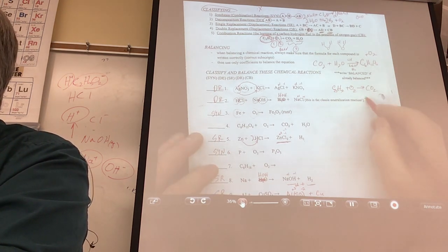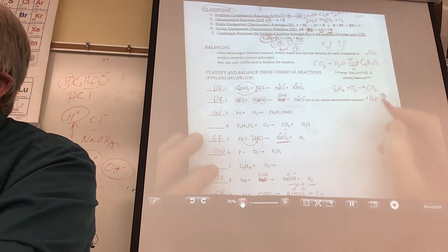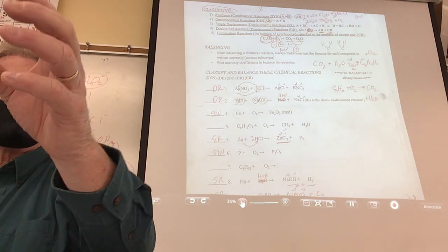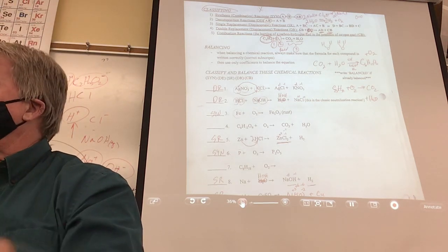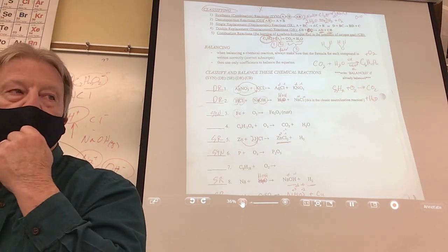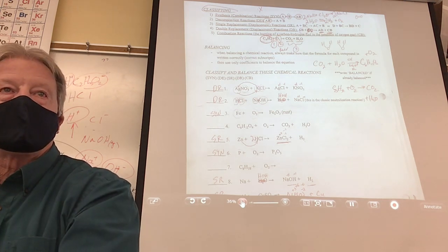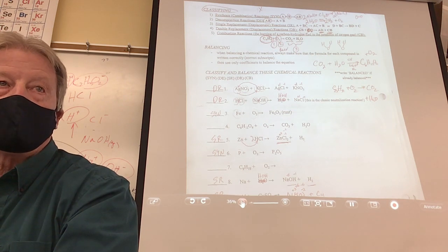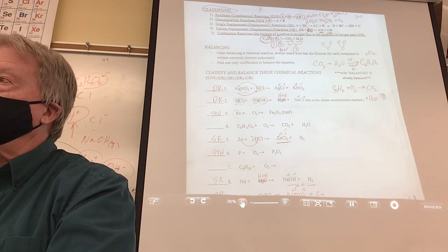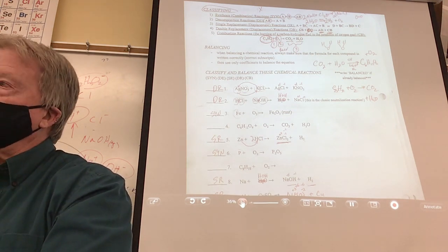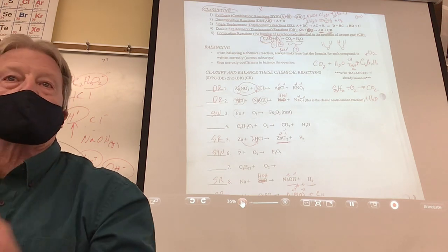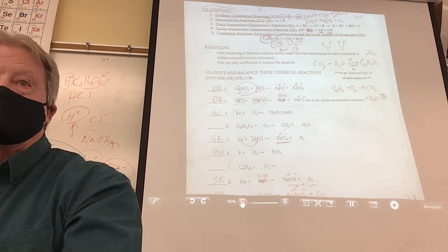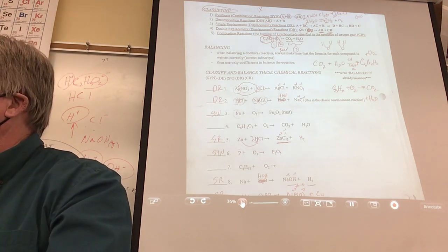Some of you put a beaker over the top of a candle and you saw all kind of fogginess. What's fogginess? Water. That candle was producing water. That candle was producing carbon dioxide, but I couldn't see the carbon dioxide. You get it? All right, that was a combustion reaction, wasn't it? The candle was a combustion reaction.